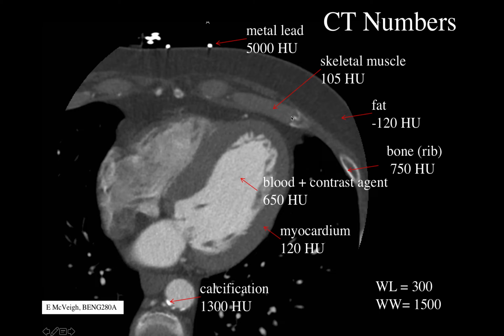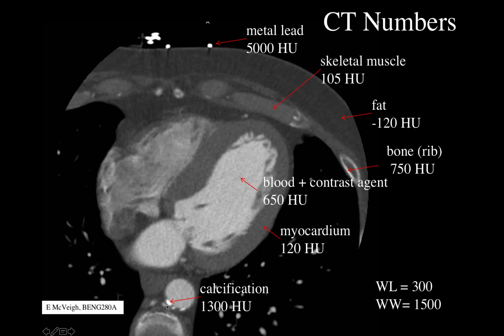So 120 means it is 120 over 1,000 more than water, in terms of attenuation. So it attenuates more than water, but not a heck of a lot more. Whereas 750 means it attenuates considerably more than water.